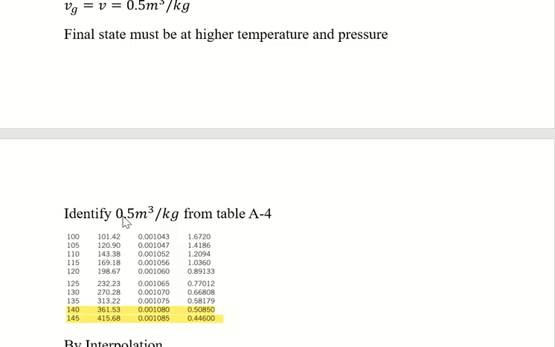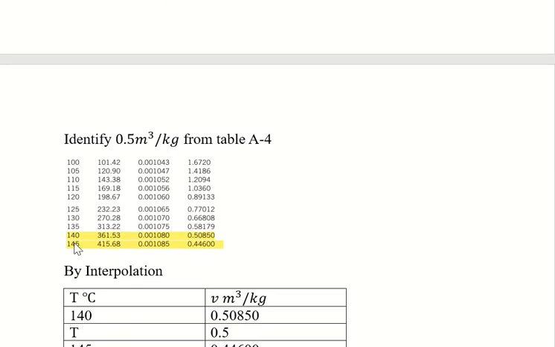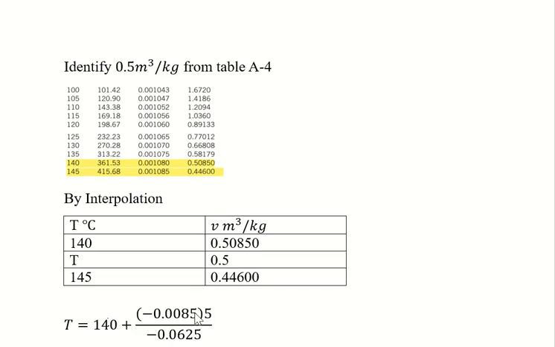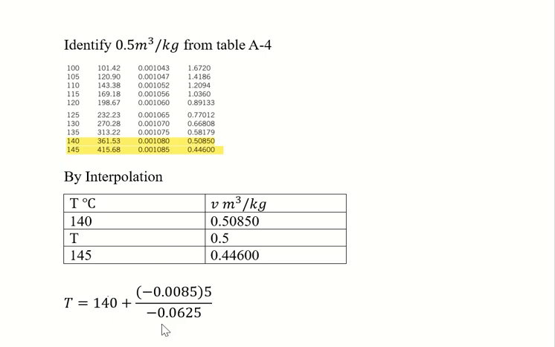So this is a harder question. You have to go through a lot of figures until you find something close to this, and that's why we have this. You see, it lies between here and here. So we extract this data and use interpolation, and that's what we have right here. We took these two temperatures and the specific volumes, and did interpolation. How do you do interpolation?